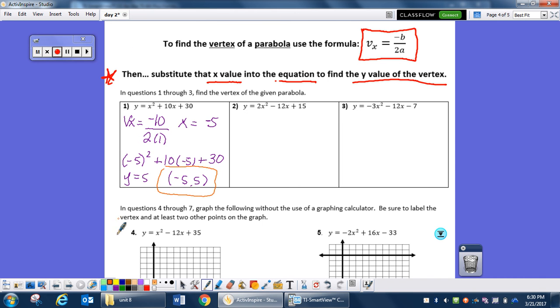Okay? Alright, and the next one, you would have x equals the opposite of b. So the opposite of -12 is +12, divided by 2a, so 2 times 2. And that gets you to x is going to be 3. Okay? So then, when you substitute this in, you have to do 2 times 3 squared minus 12 times 3 plus 15.